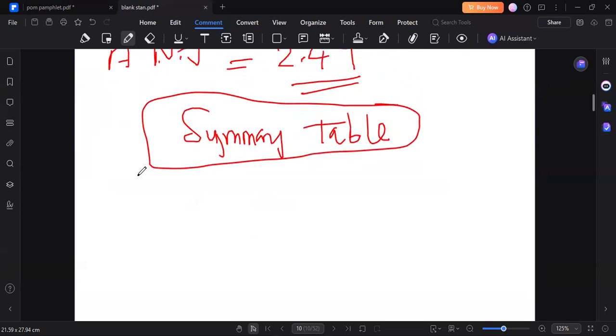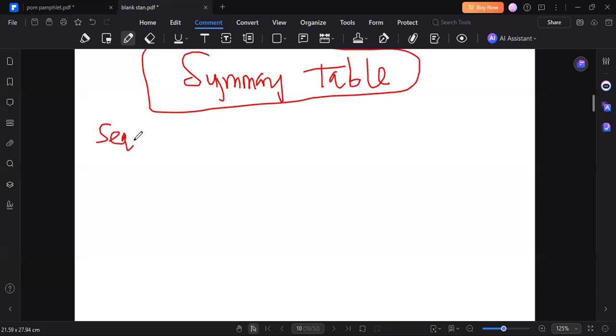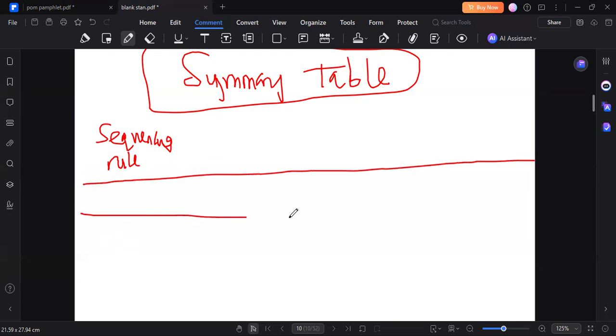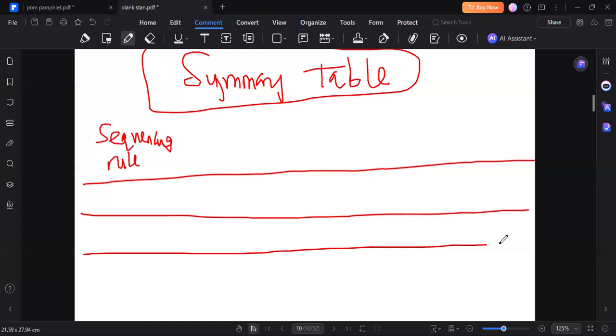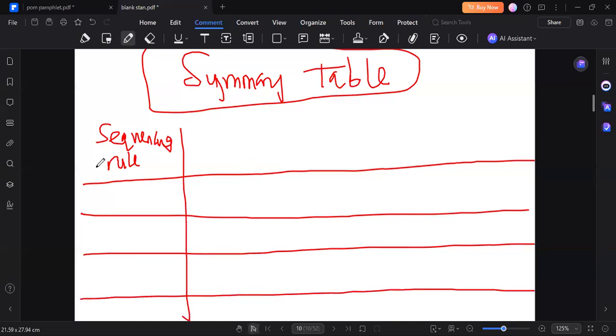For the recommendation, we go for the sequencing rule. Under the sequencing rule, we have three rules: first come, first served, shortest processing time, and critical ratio.